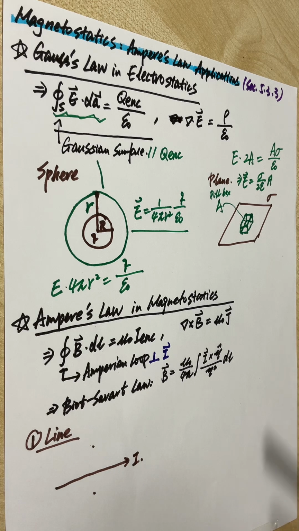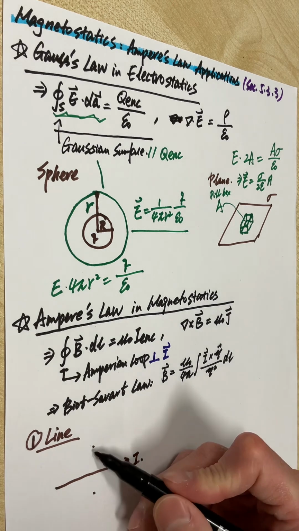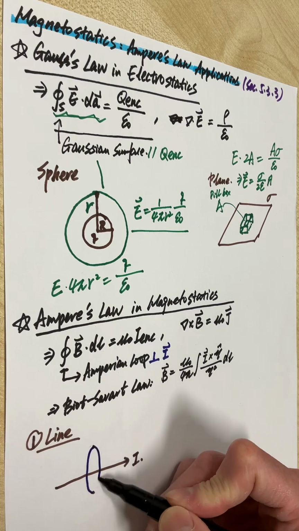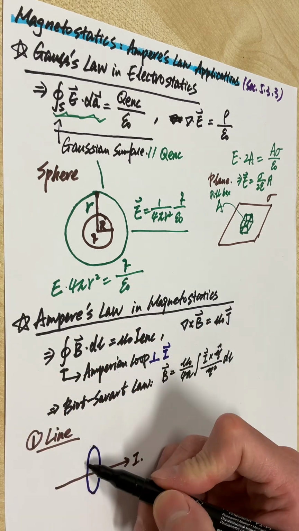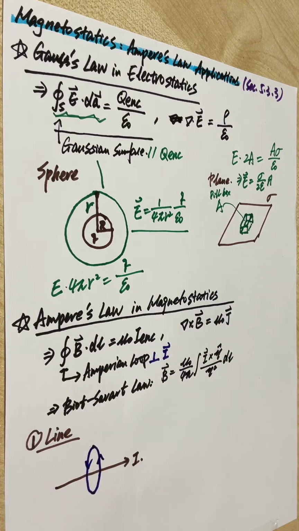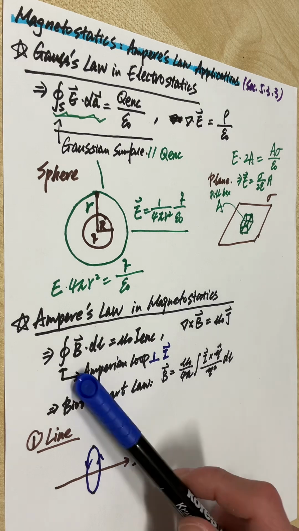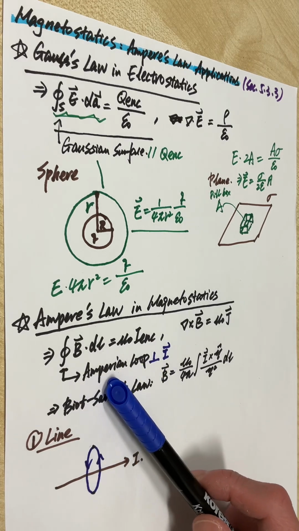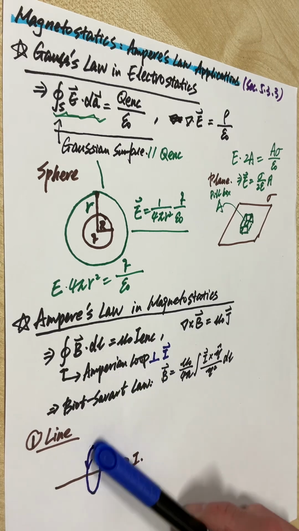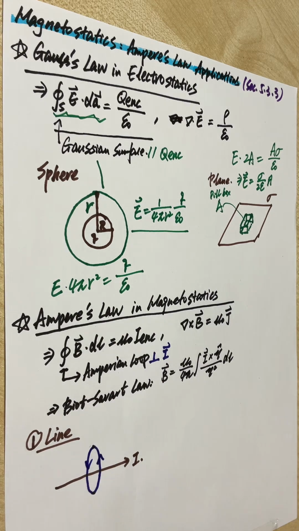So the magnetic field is orthogonal to the direction of current flow. The Amperian loop should be along the direction of the magnetic field. So the Amperian loop is just this.